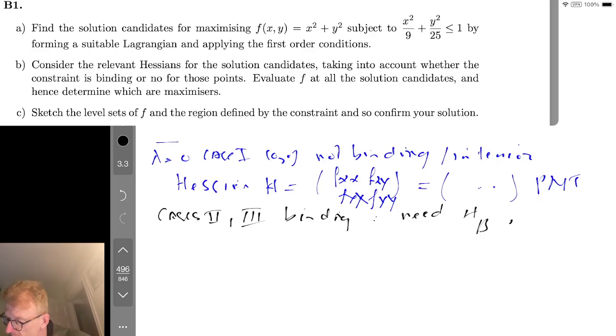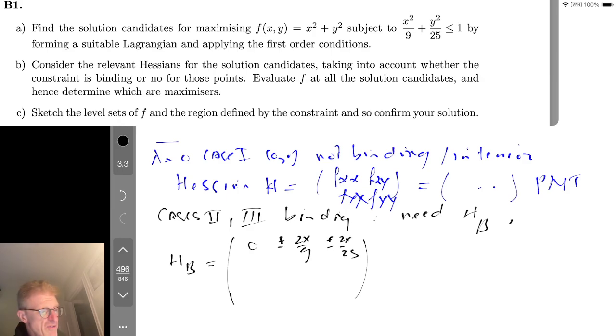So H_B, this gets a bit more complicated. We need to now take the gradient of g, so that's 2x over 9, 2y over 25.